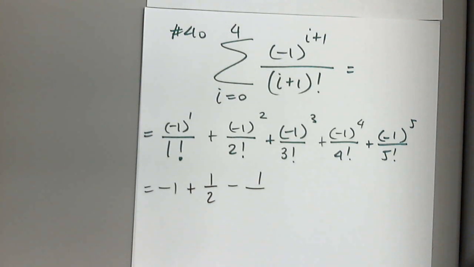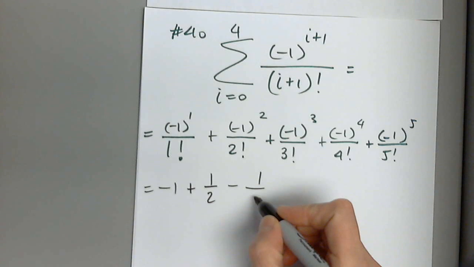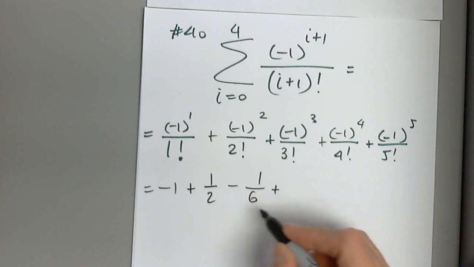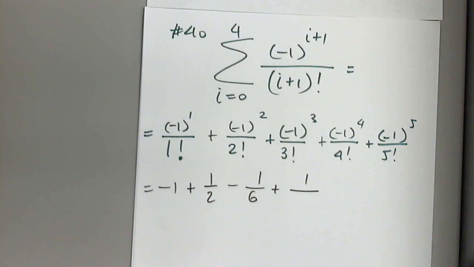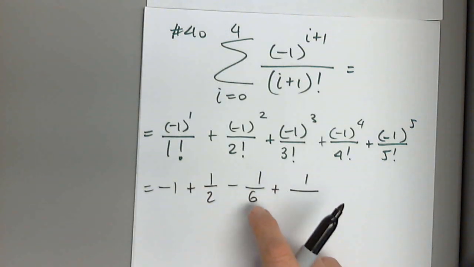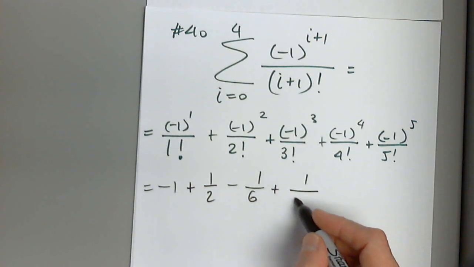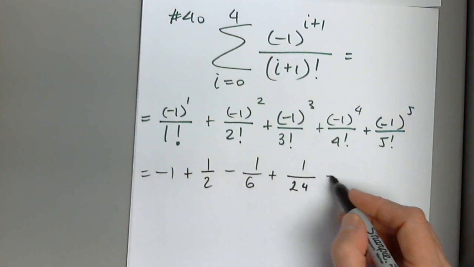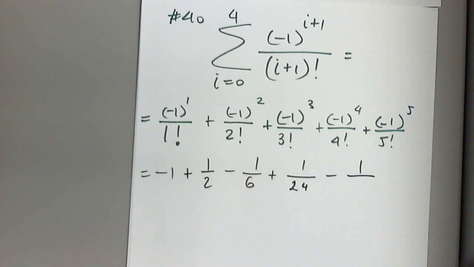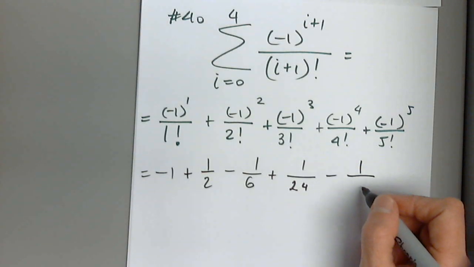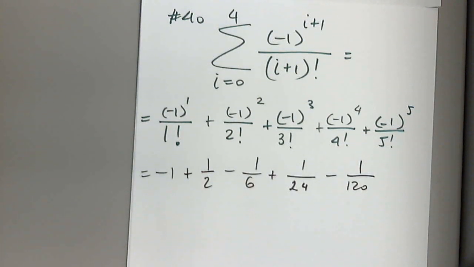But how much is 3 factorial? 3 times 2 times 1. Perfect. Plus 1 over 4 factorial: 4 times 3 times 2 times 1. So it's 6 times 4. Very good. And the last one, negative 1 over, of course, 24 times 5.